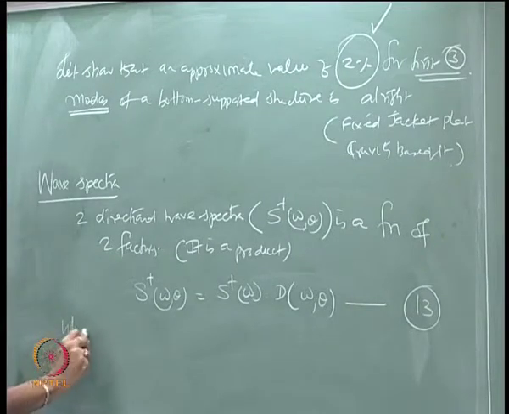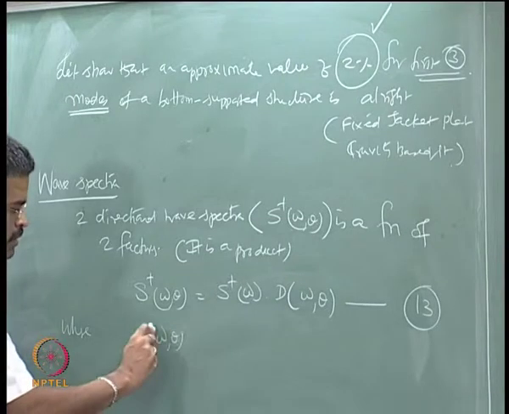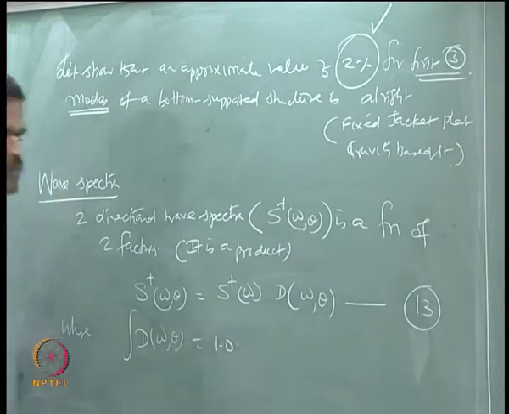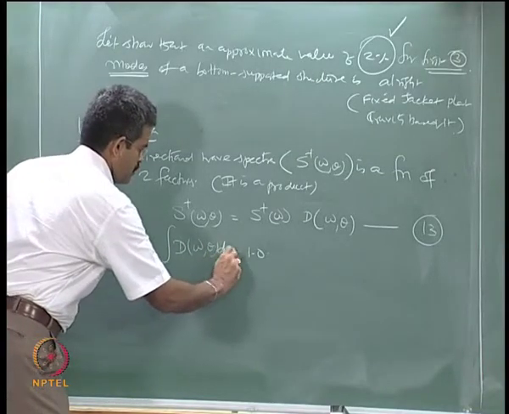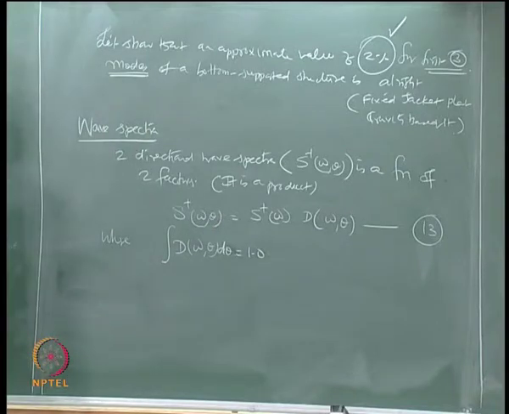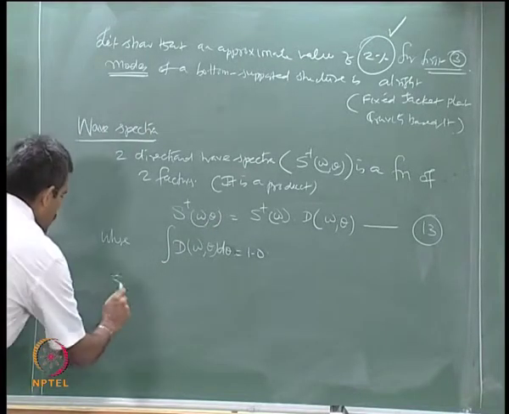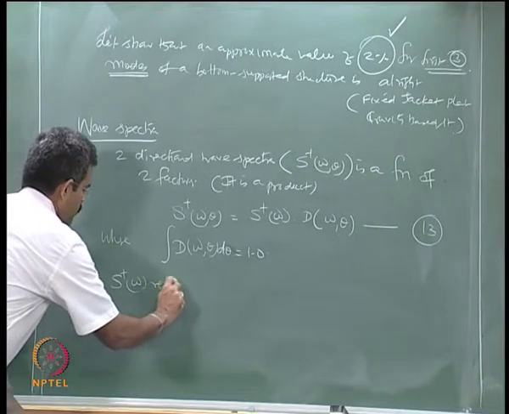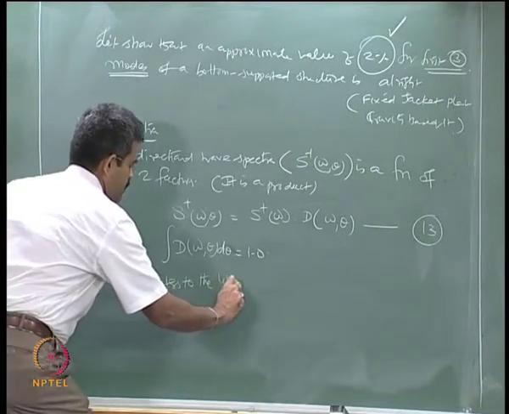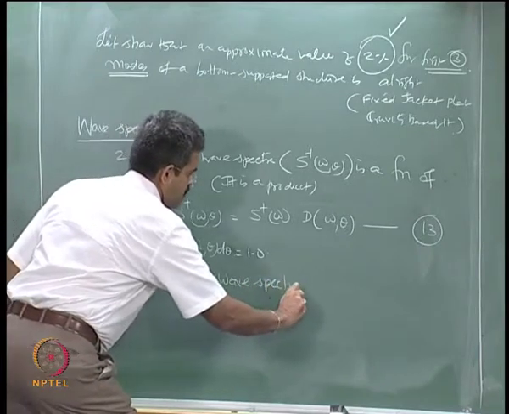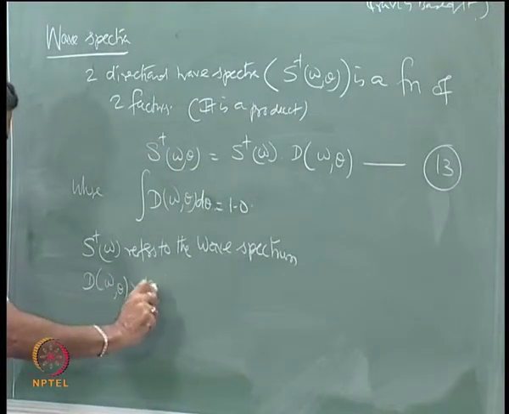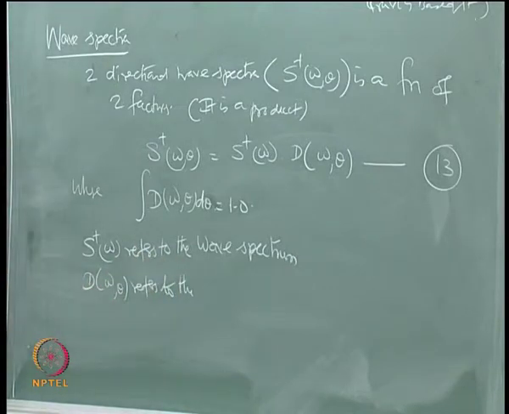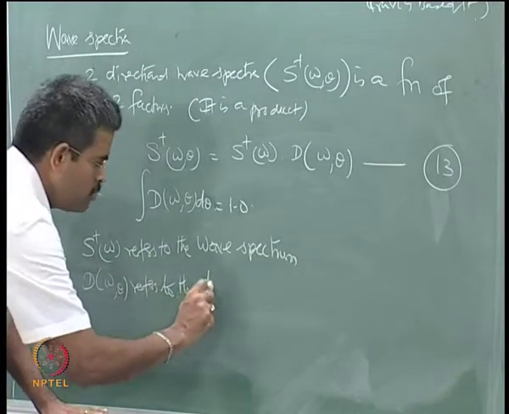Where D omega theta, its total integral, will be unity. S plus omega refers to the wave spectrum and D omega theta refers to the directional distribution of the wave energy.